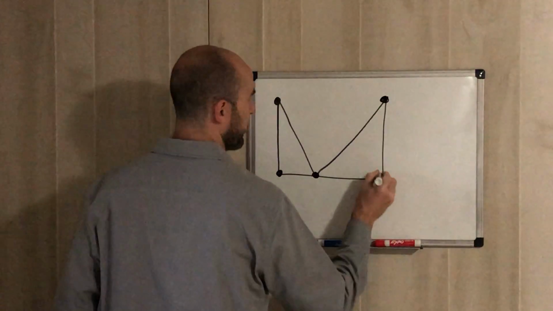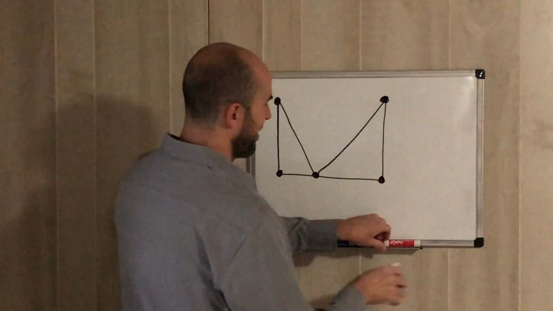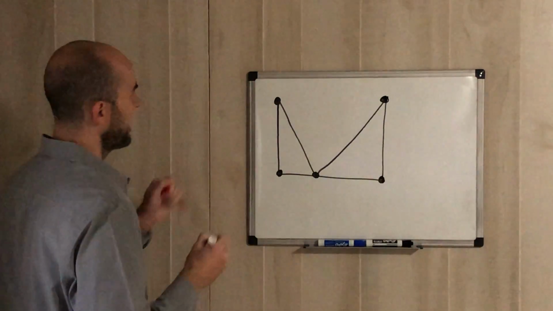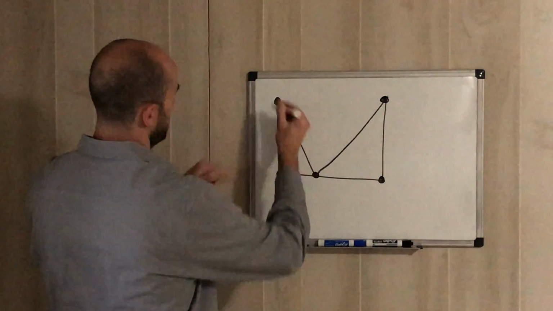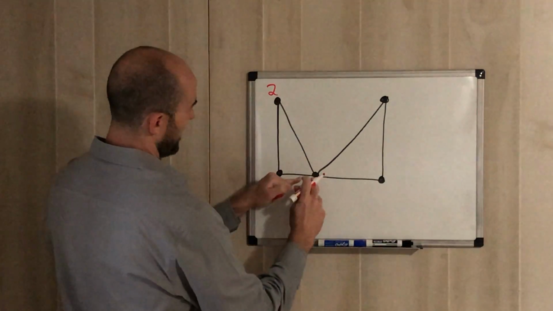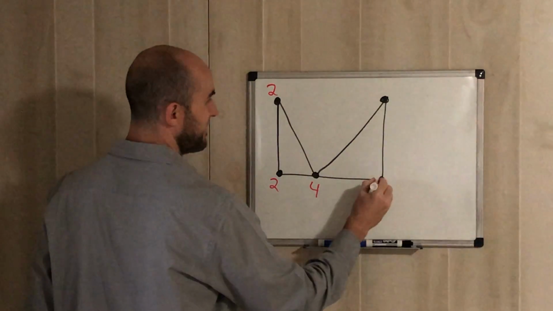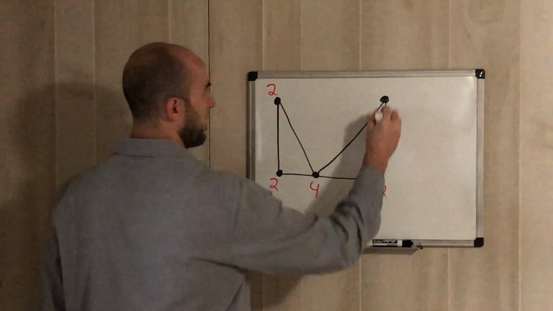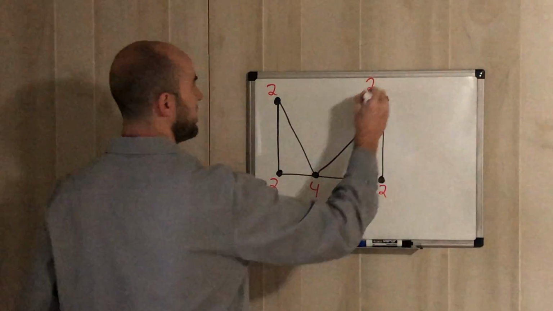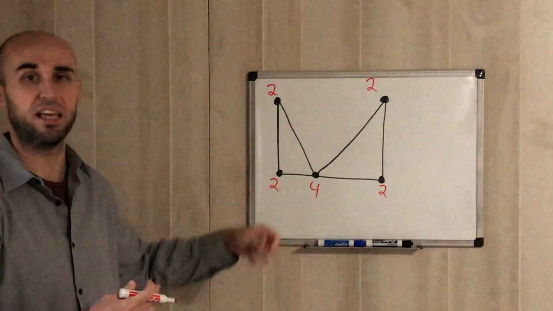We have this, we want to figure out again whether it's an Euler circuit, an Euler path, or neither. Now we're looking at that. We know that this one has 2. We know that this one has 2. We know that that has 1, 2, 3, 4. We know that this has 2. We know that that has 2. So if we look at all the numbers, 2, 2, 4, 2, 2, they're all even numbers, right?